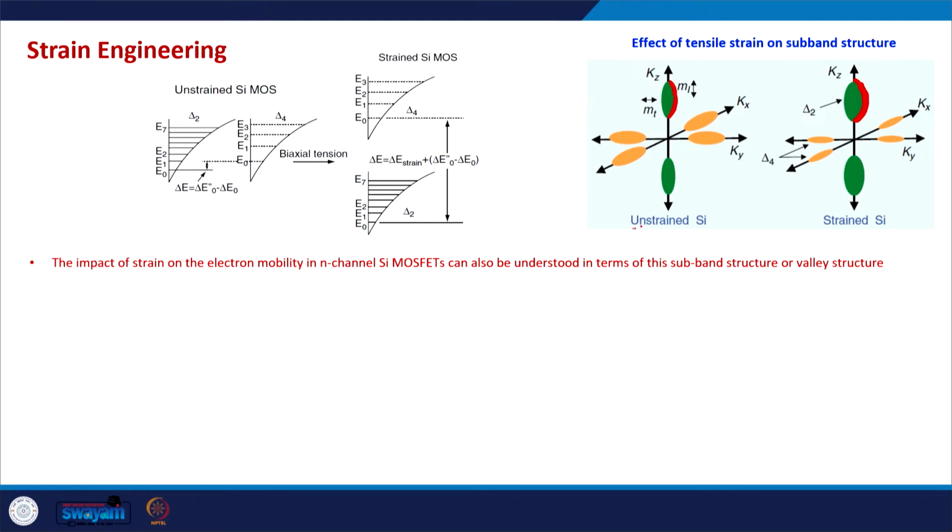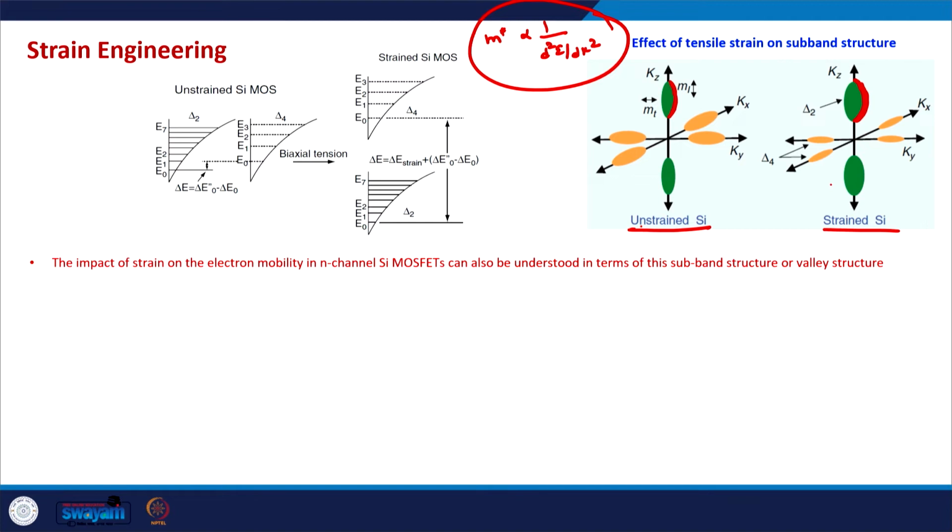This is unstrained and this is strained. So even in the 2 valleys, since the curvature is now increased and mass is inversely proportional to the curvature, the mass is reduced even in these 2 valleys.